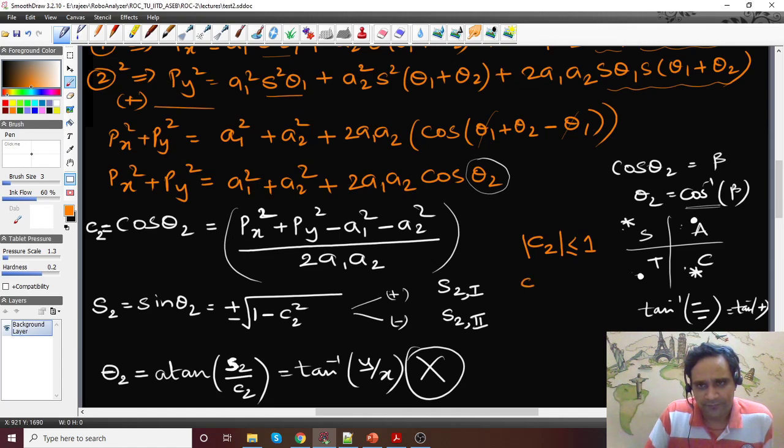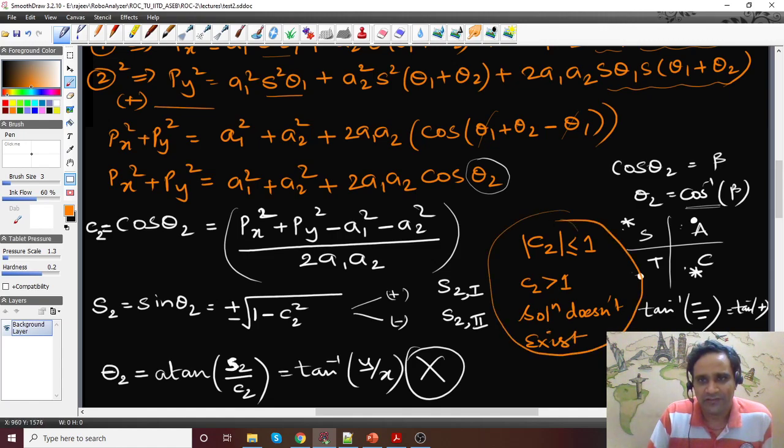If the magnitude of C2 is greater than 1, the solution does not exist. So this is a test we should keep somewhere in our formulation. If C2 is more than 1, that means it is not a valid point.